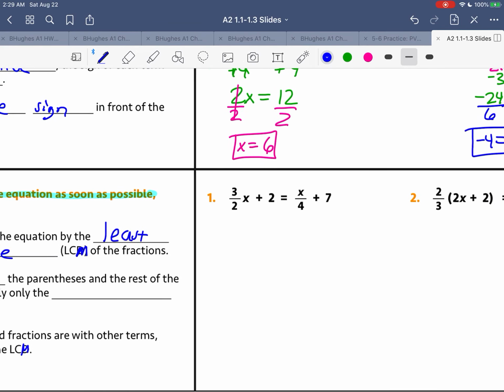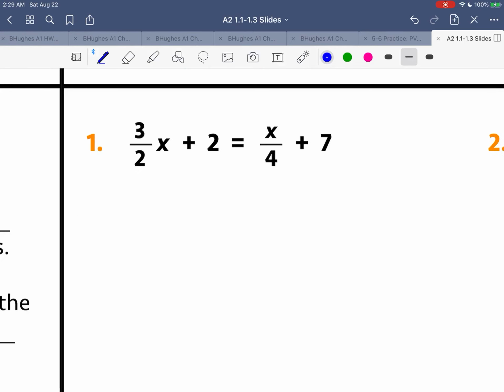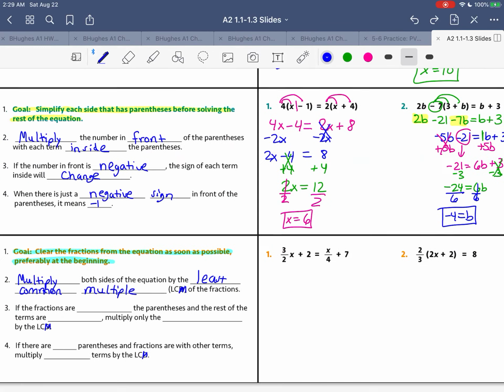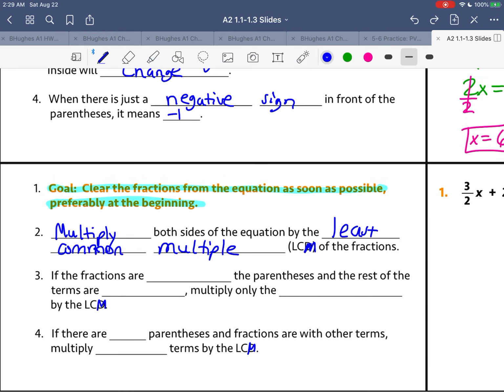So there are two circumstances. One of them is there's fractions and there's other terms with it. The other one is there's a fraction, but the other terms are in parentheses on that side. What's the difference and how do we approach those? We always want to look to see if there are parentheses.